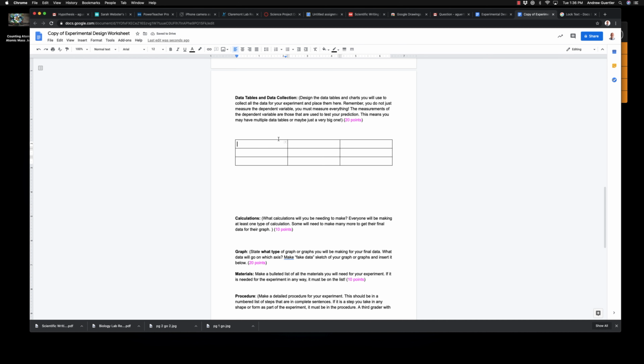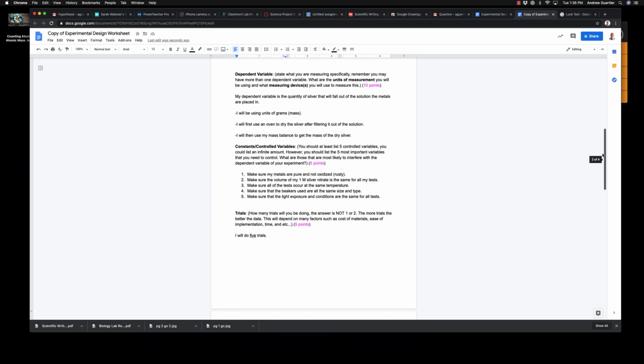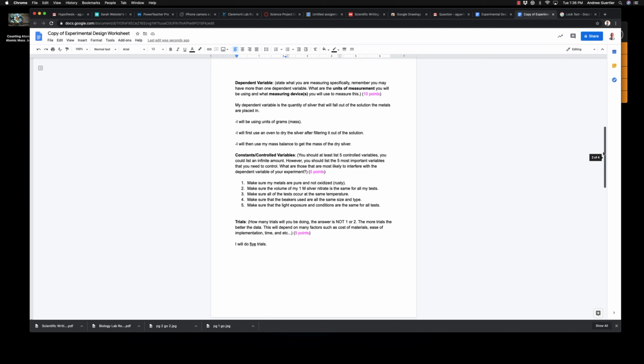All right, so usually we have more than one data table that we use because we're collecting different types of data. So let's look back and see the kind of things that I have to measure. So I have various data that I'm going to be collecting.